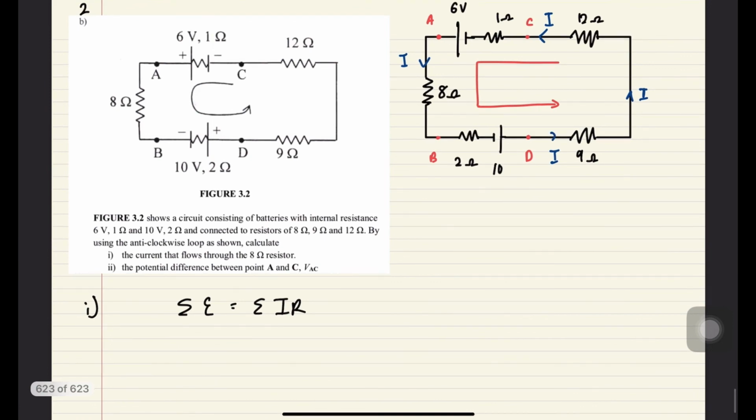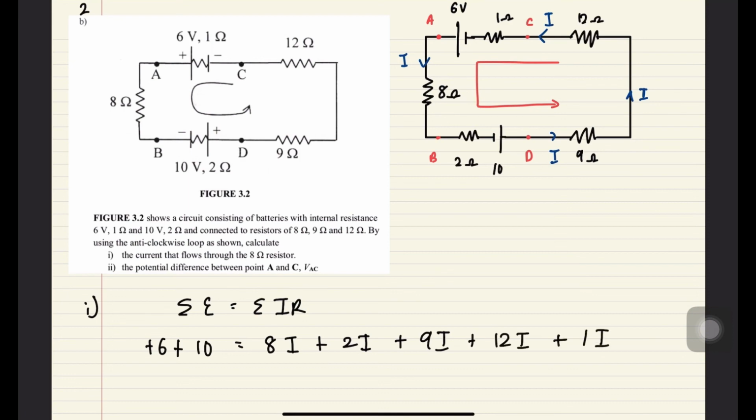Here we have, for the first one, positive 6 volt and then positive 10 volt, so positive 6 plus positive 10, because the loop direction goes out from the positive terminal. While passing through the resistors, here you have 8I, 2I, 9I, 12I, 1I. Everything is positive because loop and current direction are the same. 8I plus 2I plus 9I plus 12I plus 1I.